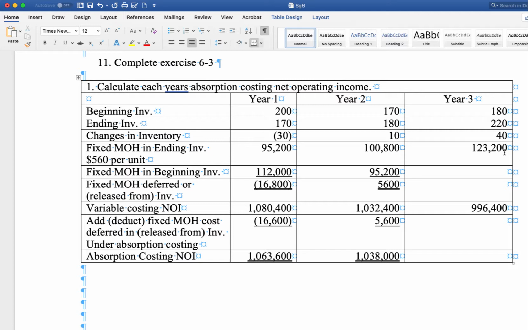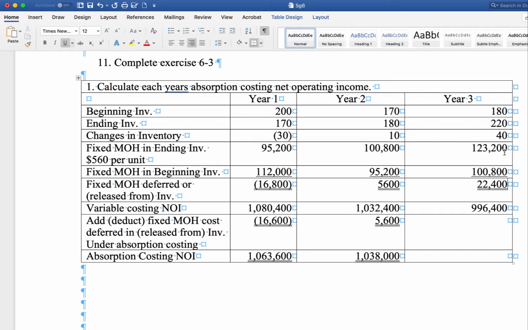So we take the 180 units times the 560. We end up with $100,800. When we subtract these two, we see that, hey, we have 22,400. Okay, that's the difference between the two.